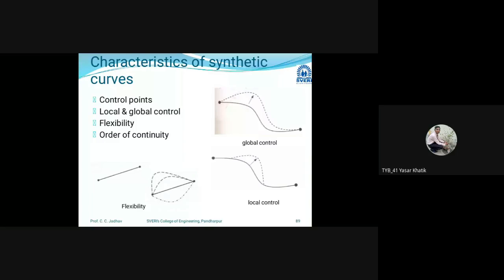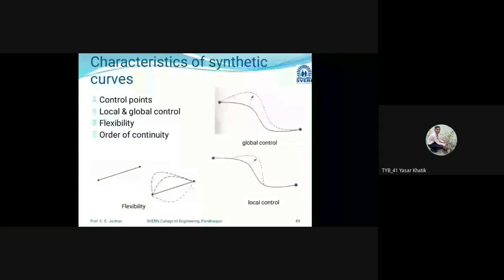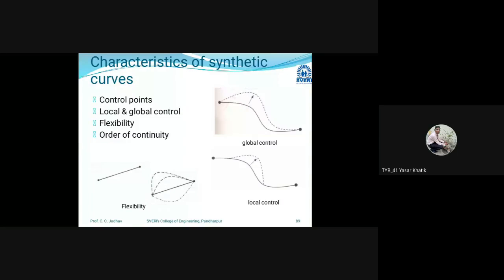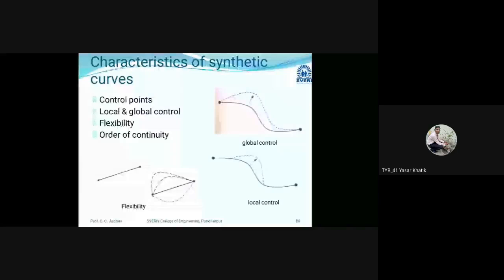Suppose point 1 has coordinates 2 comma 1, that is your first control point, P0, which has some coordinate. Like this, the given data in terms of 4 points, 5 points, is called control points. Then from those control points, we are going to join these 2 points.